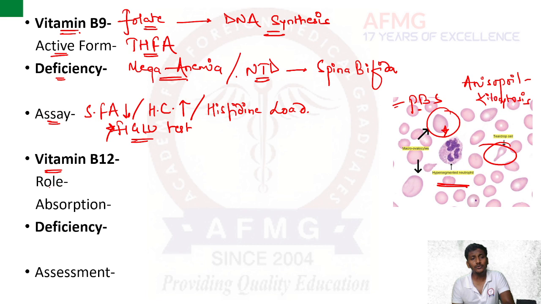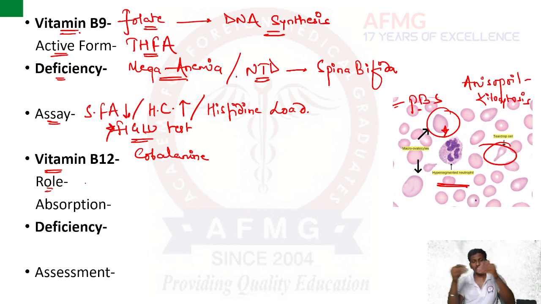Moving further, the next one is vitamin B12. Vitamin B12 is known as cobalamin. It contains 4 pyrrole rings which are joined to the cobalt, so therefore it is known as cobalamin. If I talk about the role of vitamin B12, it acts as a coenzyme in multiple reactions.